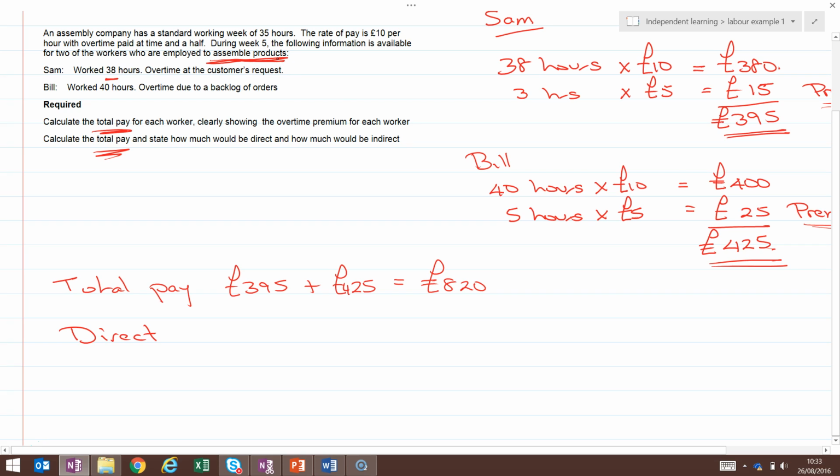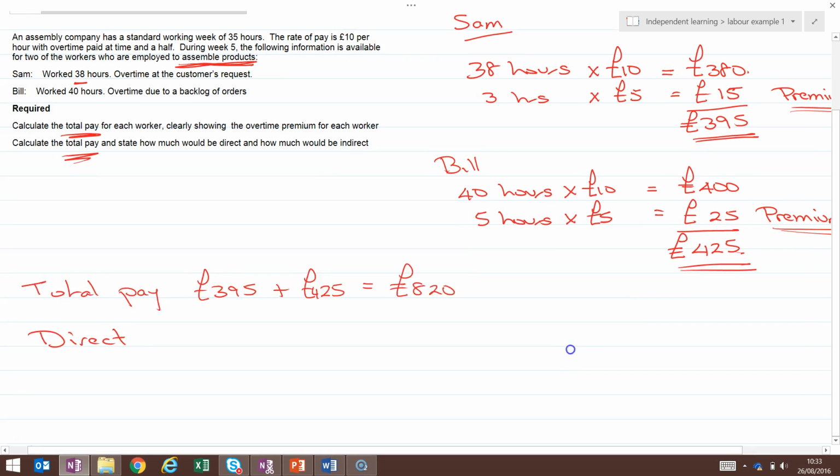So their hours that they work are direct. If you think about the overtime premium, we classify overtime premium generally as indirect unless it is at the request of the customer. In that case, it will be direct.